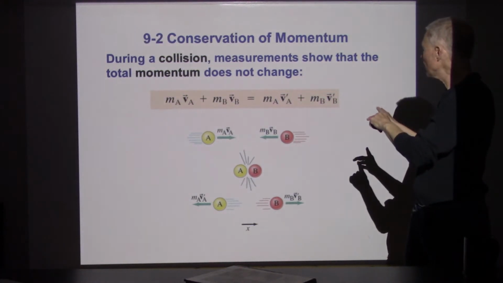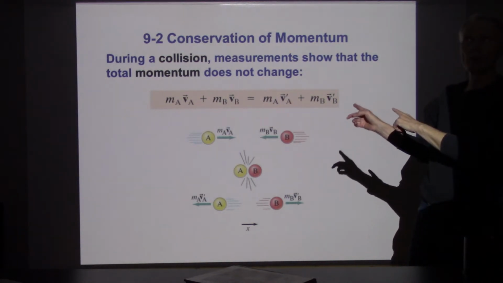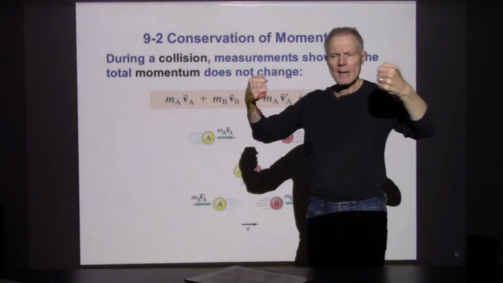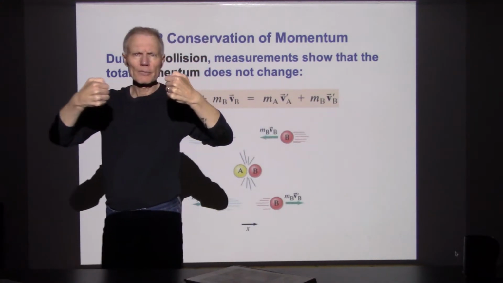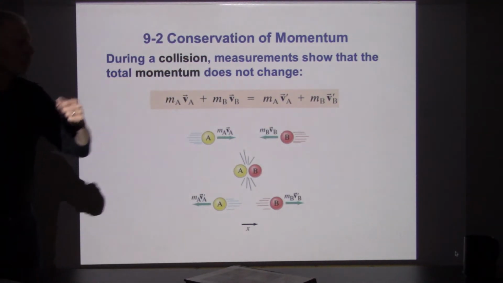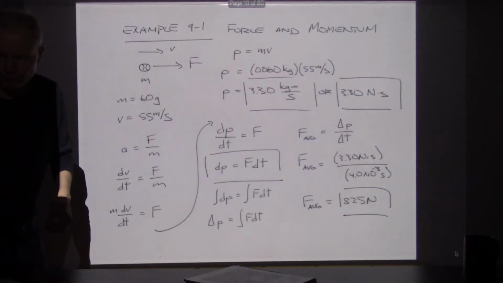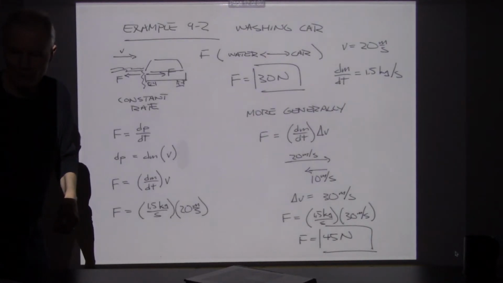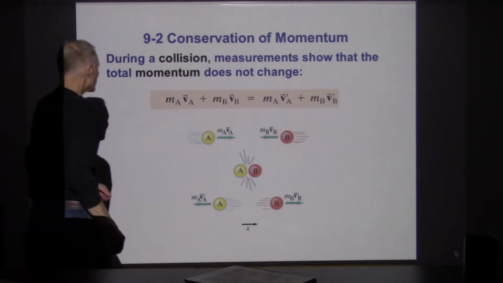Object A is in contact with B for the very same amount of time that object B is in contact with object A. So they hit, they exert equal forces for equal amounts of time, they separate, and what our formulas for momentum are telling us then is that there's going to be a momentum transfer.